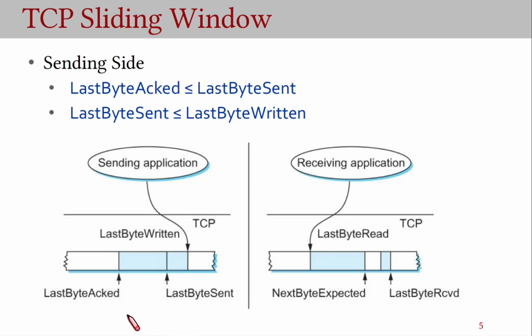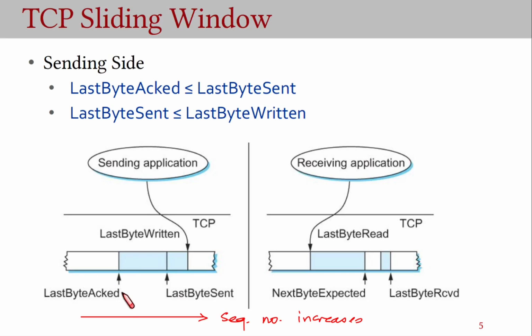Note that in these diagrams, the sequence numbers increase from left to right. So all these bytes before the last byte ACKed have been acknowledged, and therefore there is no need to buffer them.